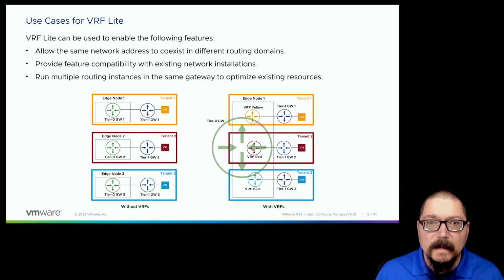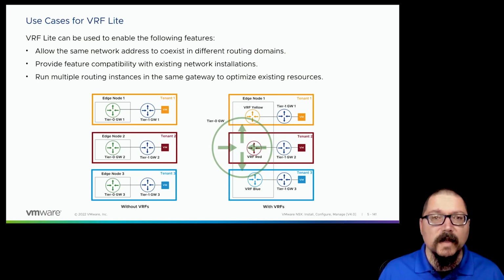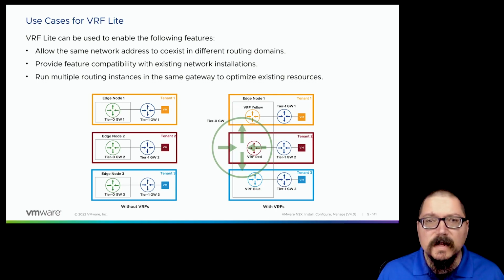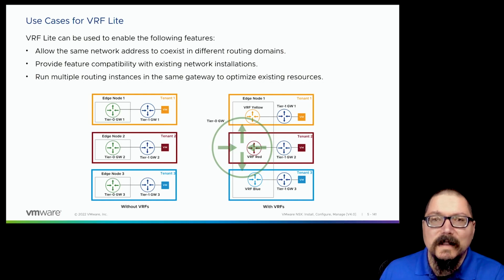Now, does that mean that I still get the overall throughput of 3 distinct tier 0 gateways on 3 distinct edges? No. This would be useful in a case where maybe I need routing domain isolation, but I can deal with a little bit of network oversubscription because maybe none of the routing domains will saturate that 10 gigabit virtual NIC on the edge, something like that, right?